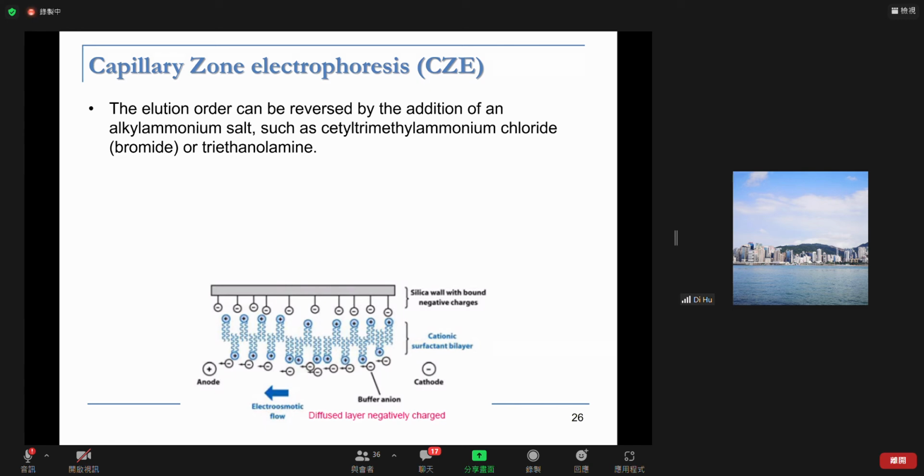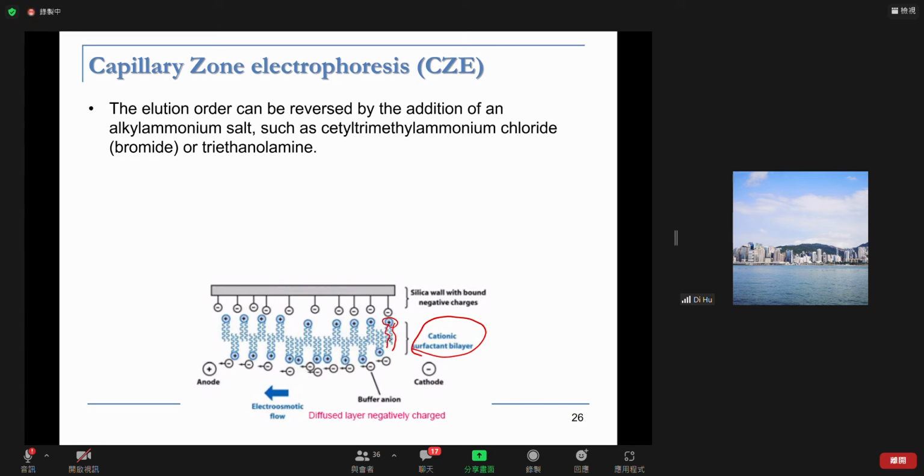We can add some cationic surfactant, those with alkyl ammonium salt. They have a positive ammonium head and a hydrophobic long alkyl carbon chain tail.